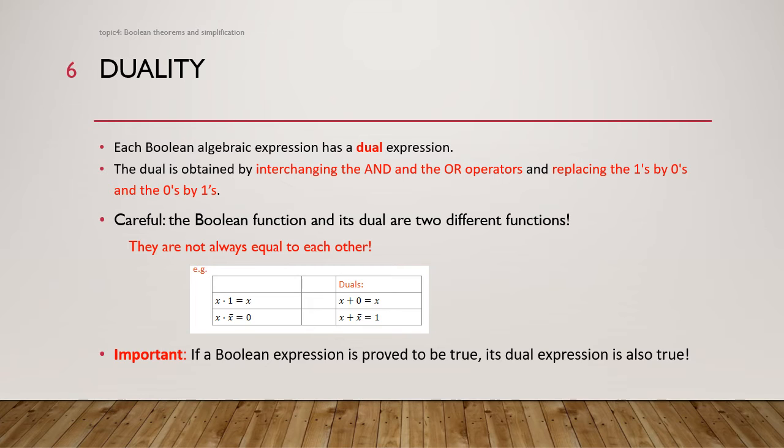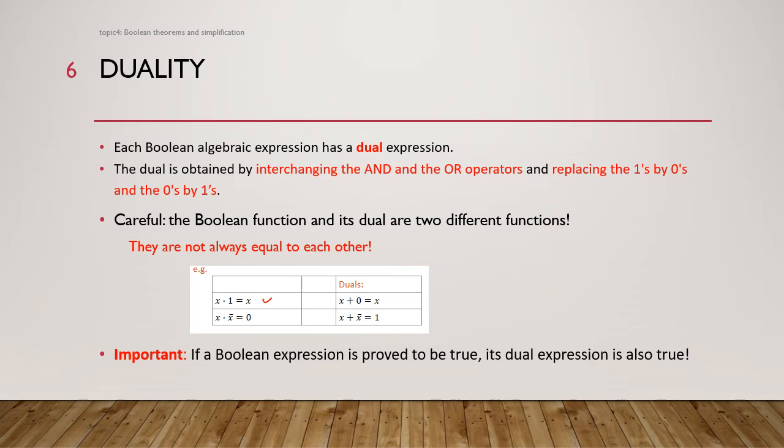To give you an example, x and 1 equals x, we know this is true, right? We already know it's true. Then we can find its dual. The dual is obtained by interchanging AND and OR. So we have an AND function, just change it to an OR function here.